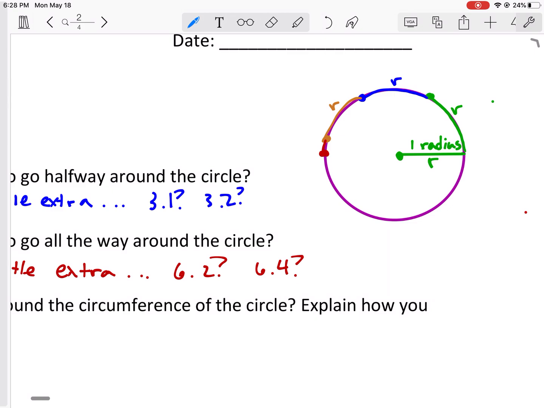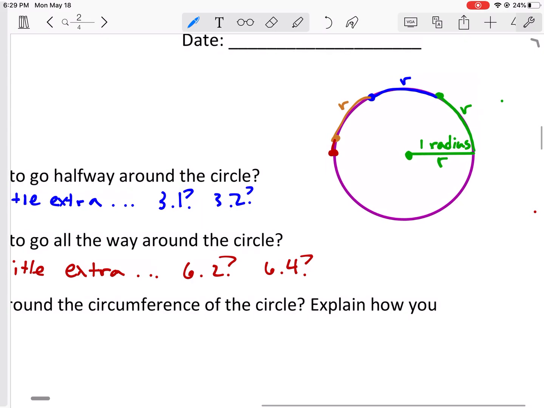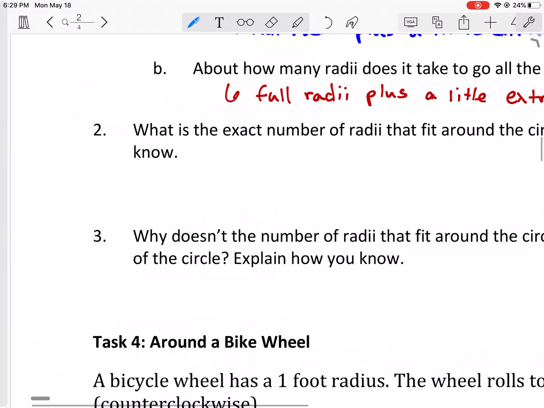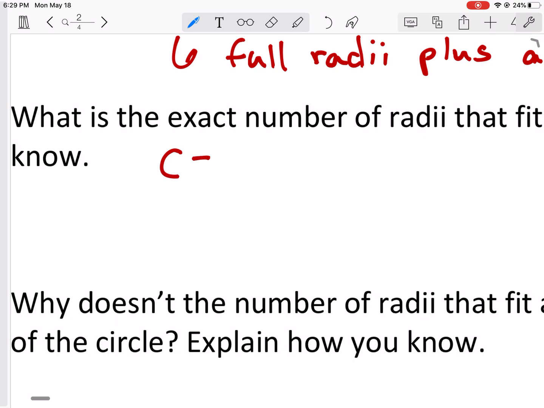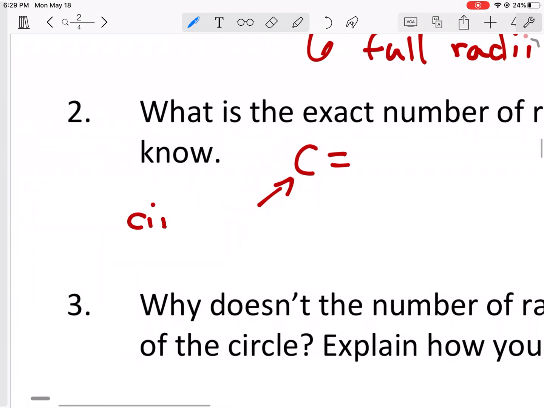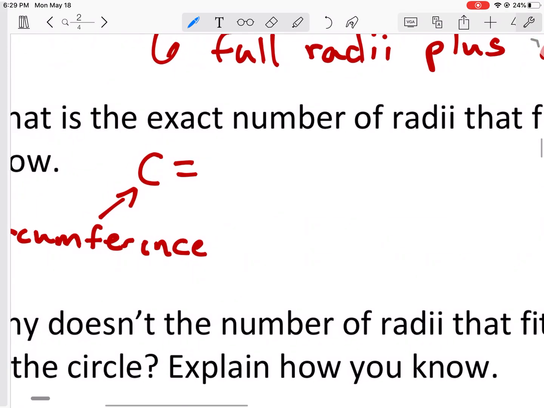Try to remember what would tell us the distance around a circle, the circumference. Do we have a formula that tells us that? Think about what the radius is. Try to calculate that. All right, refreshing ourselves. You probably remember from earlier math classes that the circumference is equal to pi times the diameter.